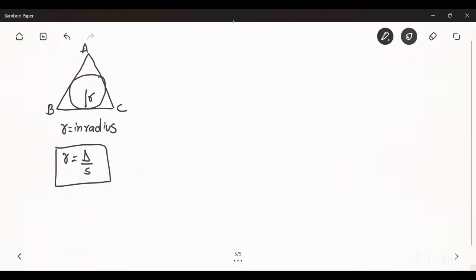Now next is circumradius. Circumradius means suppose this is the circle and a triangle is enclosed by it. So when a triangle is enclosed by a circle, the radius of that circle is known as the circumradius. So R is known as the circumradius.